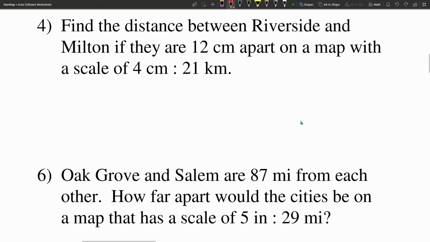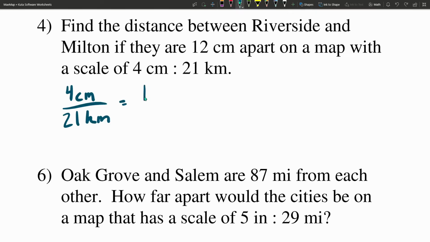Okay, so now we're going to find the distance between Riverside and Milton if they are 12 centimeters apart on a map, but this time we're using a map with a slightly different scale. The scale on our new map is 4 centimeters to 21 kilometers. So if we know our scale is 4 centimeters to that 21 kilometers, we're going to try to find how far apart they are if they're 12 centimeters apart on the map.